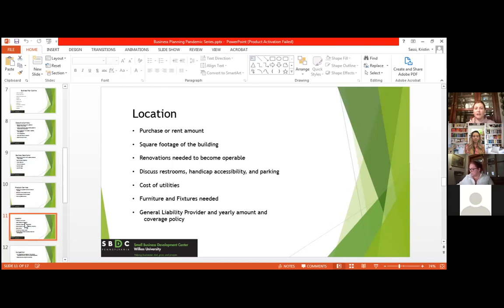Any type of renovations that need to be done to make the business operable. So if you go back to that executive summary and you list in those sources and uses of funds that you need money for renovations, you really want to explain these renovations in this section.